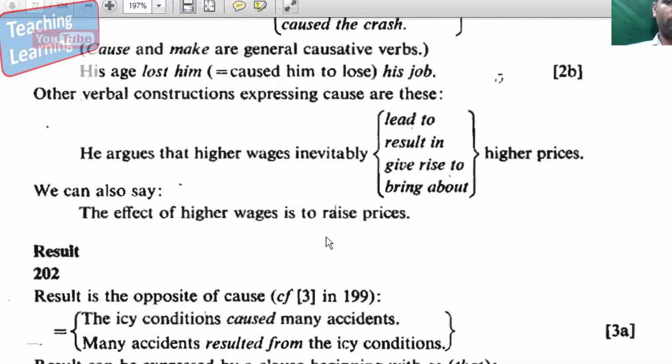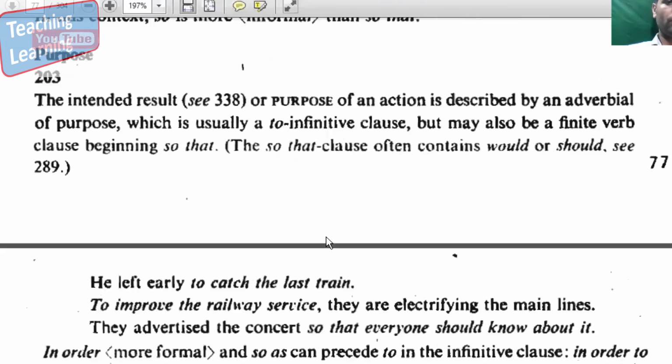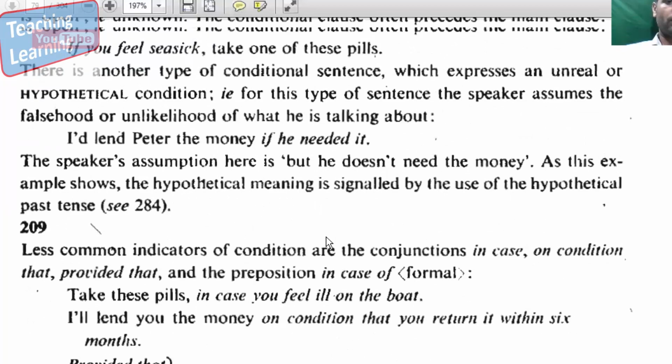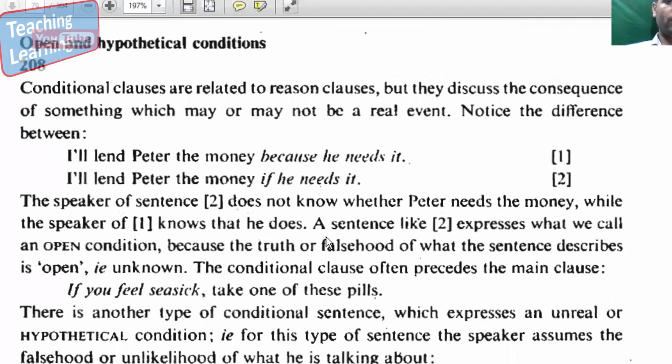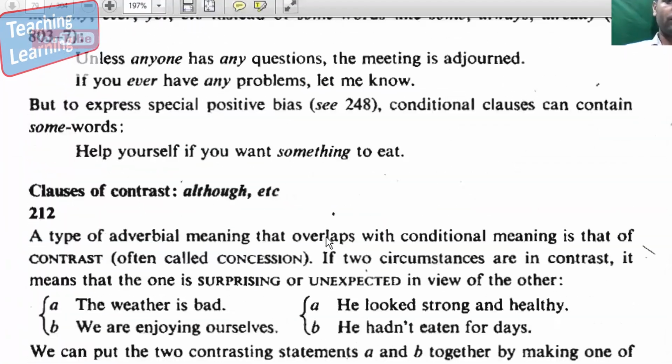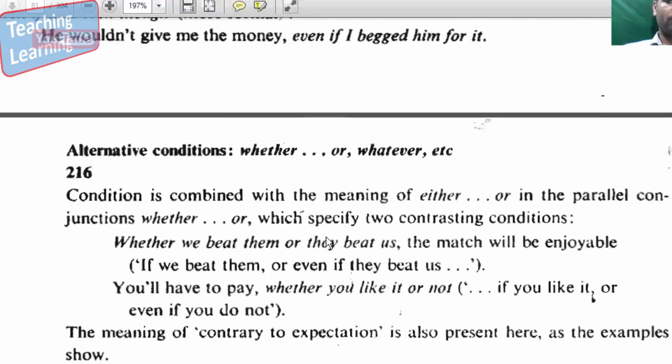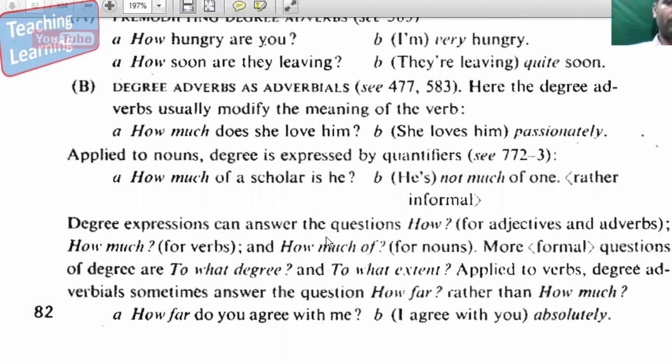Causal result, purpose, result and consequences. And then what is this? Open and hypothetical conditions. Okay, there is degree also.